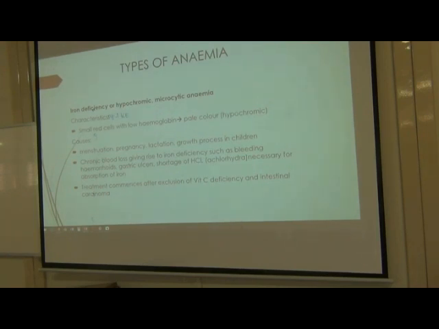So we already talked about our iron deficiency anemia. Red blood cells are small, the color is pale, and it could be as a result of menstruation and all of those things that we saw there.